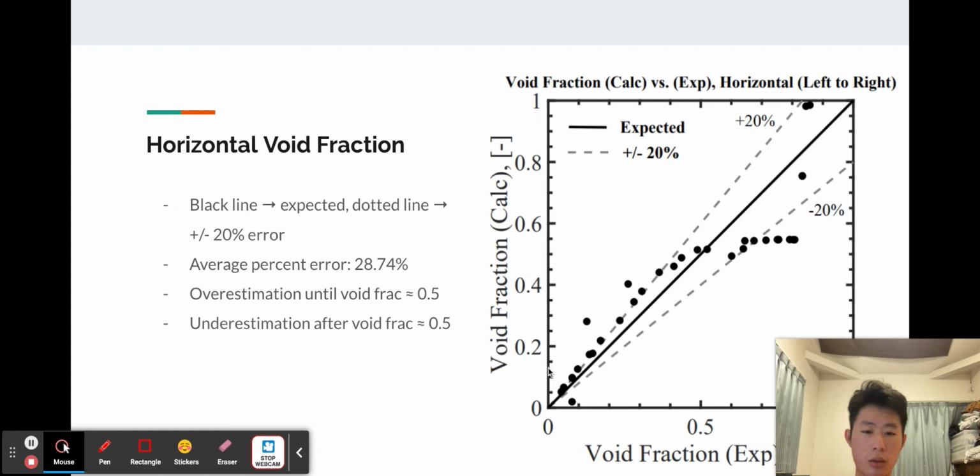The black line just symbolizes 100%, so it's directly proportional. As you can see, the data points are mostly within 20%, with a bit more error at void fractions around 0.7, 0.8. The average percent error is 28.74.